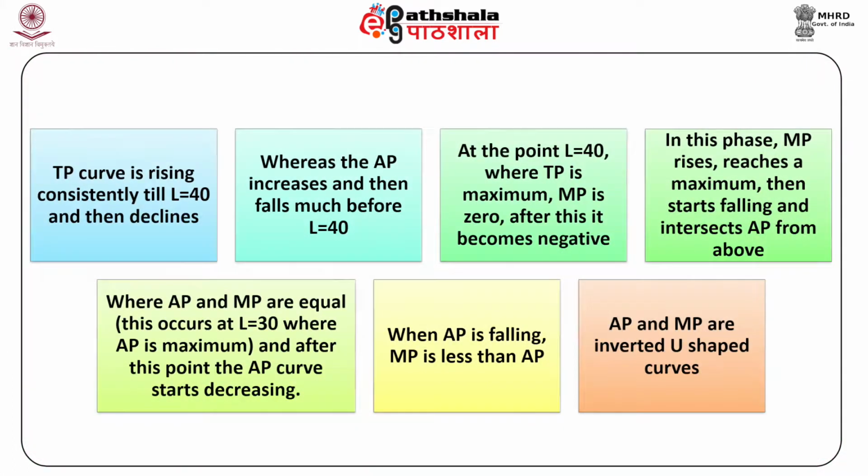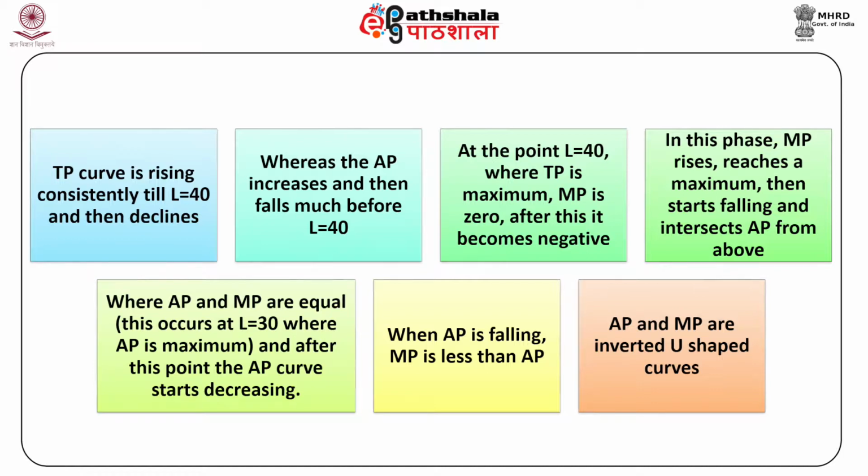Note that the TP curve is rising consistently till L = 40 and then declines, as shown in figure 1 below, whereas the AP increases and then falls much before L = 40, which is given in figure 2 below.